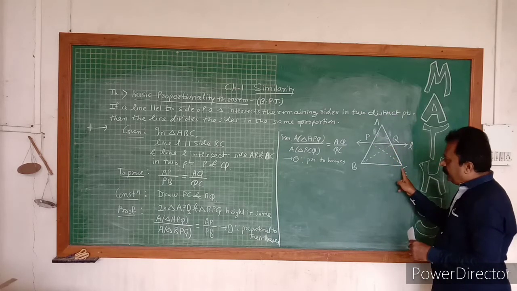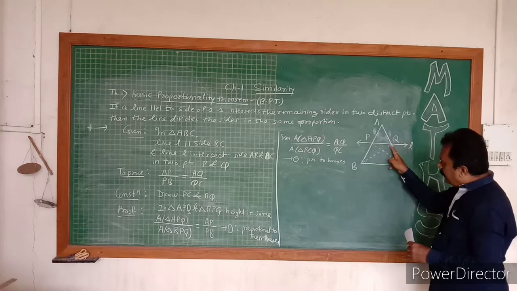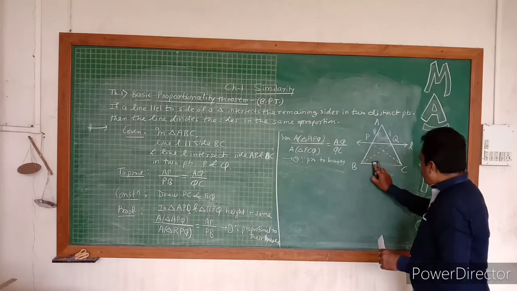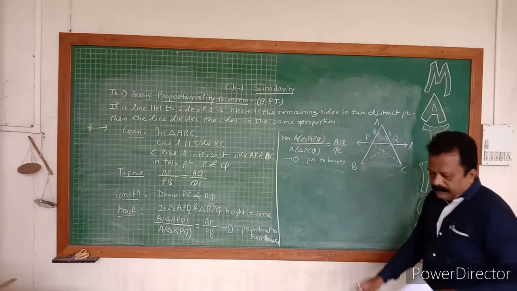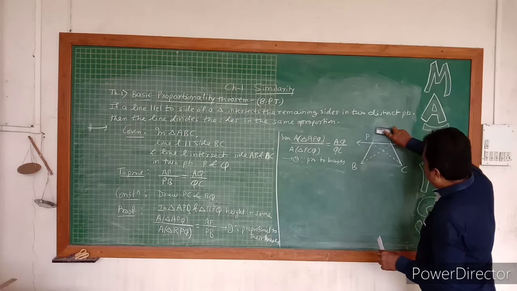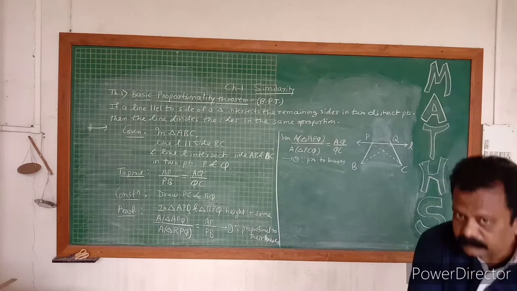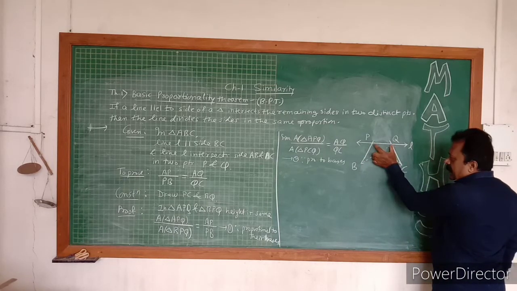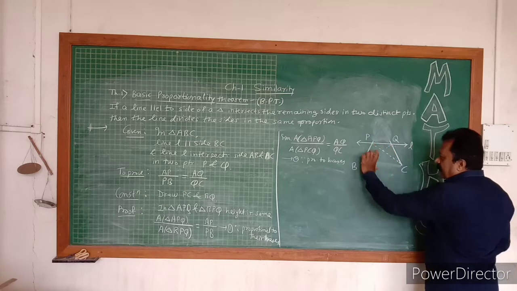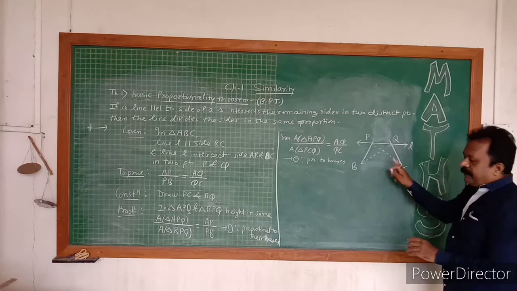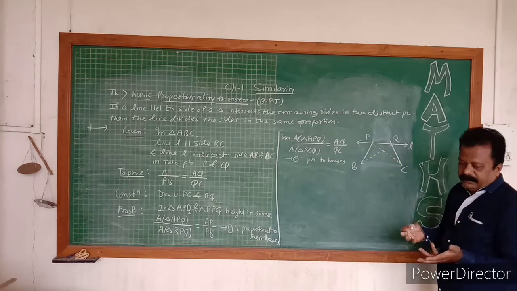Line PQ is parallel to side BC, and PQ is the base of these two triangles, triangle BPQ and triangle PCQ. So in triangle BPQ and triangle PCQ, the base is the same and the triangles are situated between two parallel lines, having the same height. Property number 4 says these two triangles have the same area.